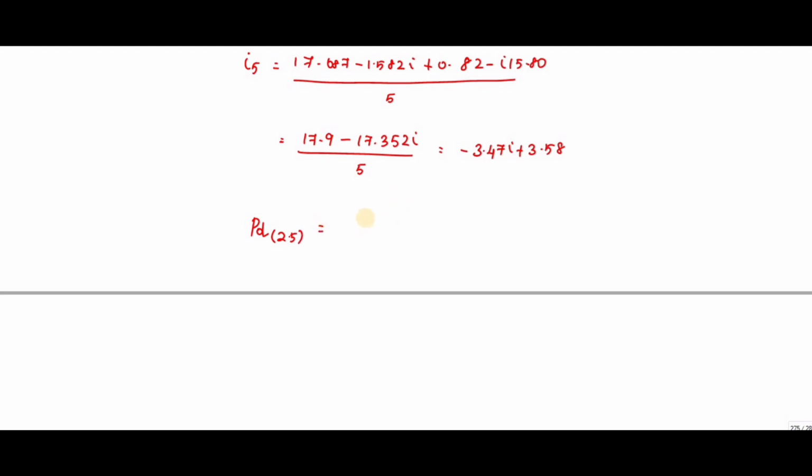So the current is V2 minus 25 of 90 degree divided by 2.5 ohm resistor. This is your current. So current square into 2.5.